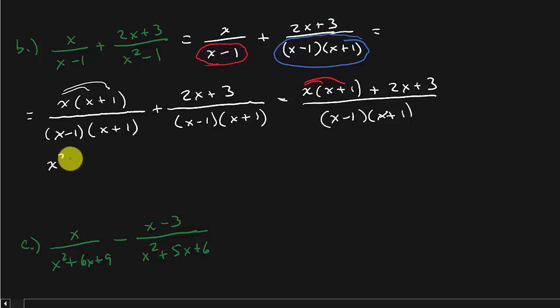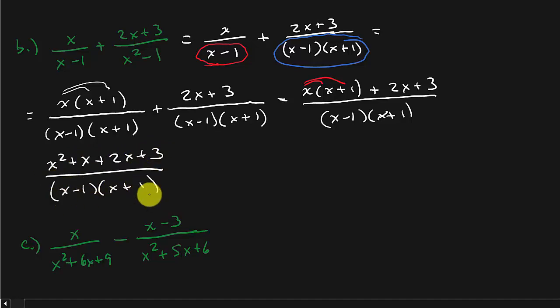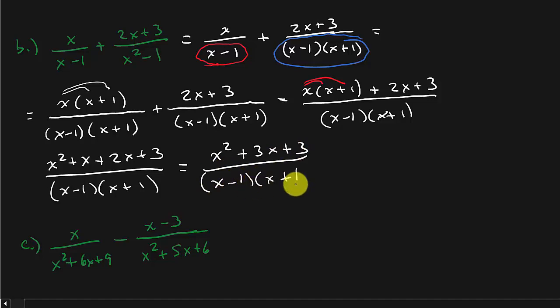And so that's x squared plus 2x plus 3 over x minus 1 times x plus 1. And then we just combine like terms. So that's x squared plus 3x plus 3 over x minus 1 times x plus 1. Okay.